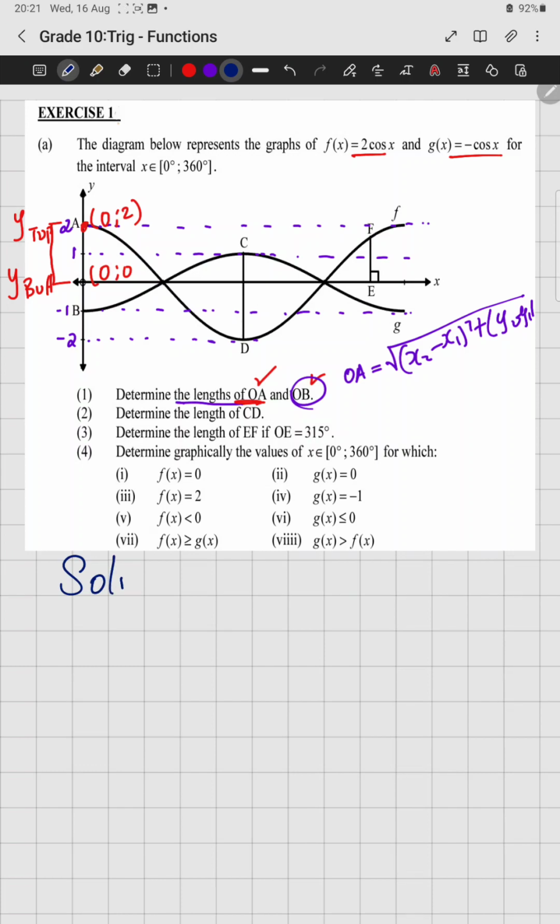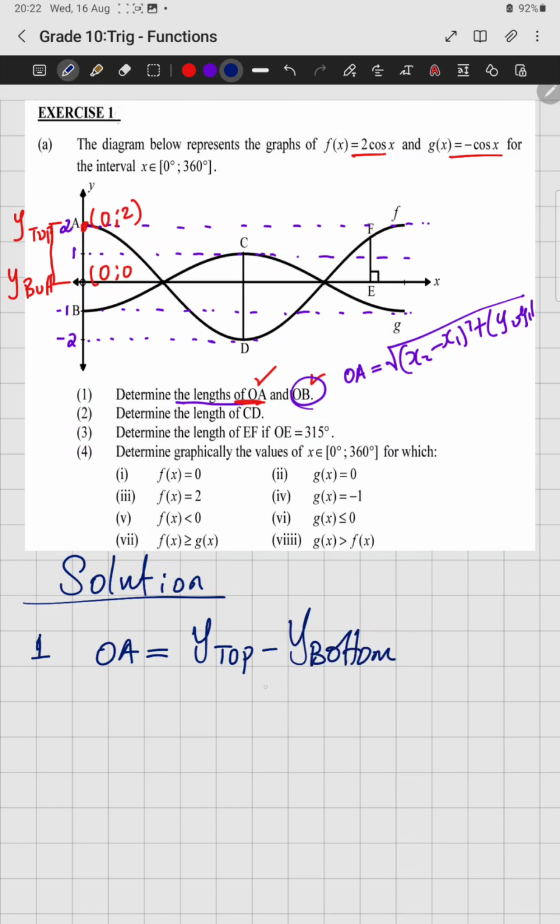Solution: the length of OA must be equal to y top minus y bottom. When we substitute, we only consider the y values between these 2 points.